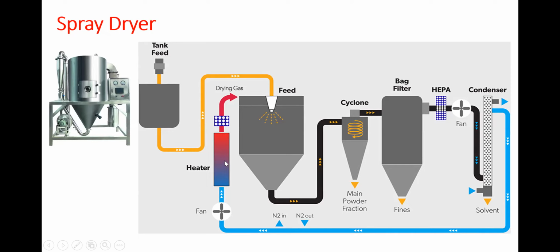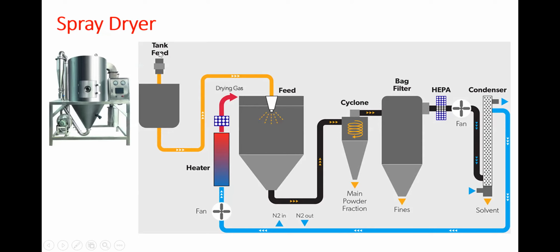The heater is a kind of heat exchanger, usually at around 80 or 90 degrees Celsius. If the temperature is too high, it is very energy intensive. Then the drying gas will come in and flow under homogeneous conditions.